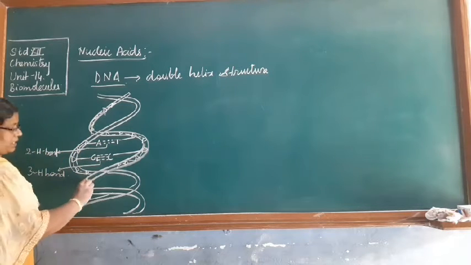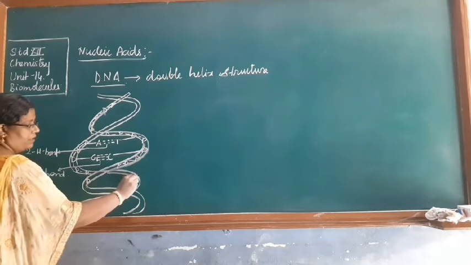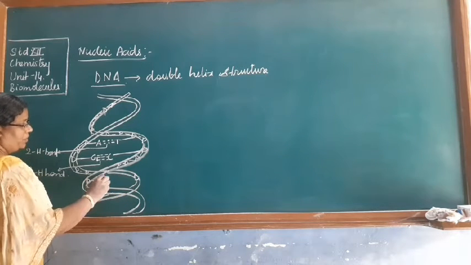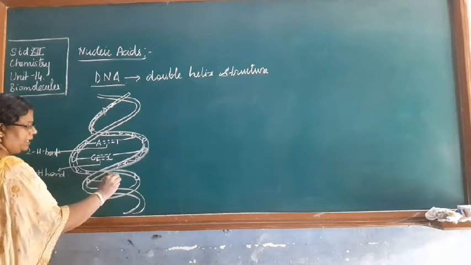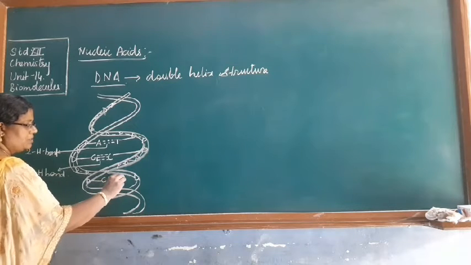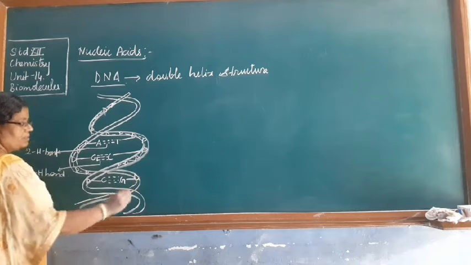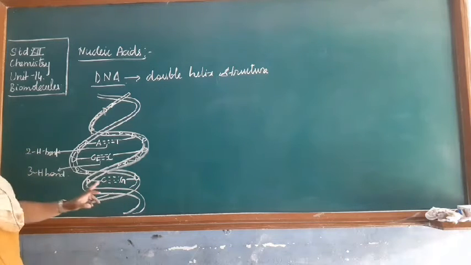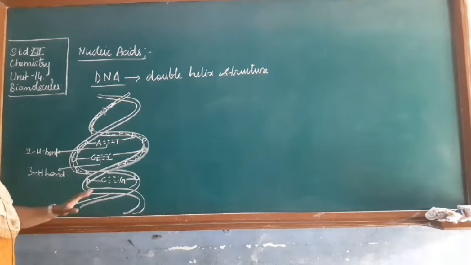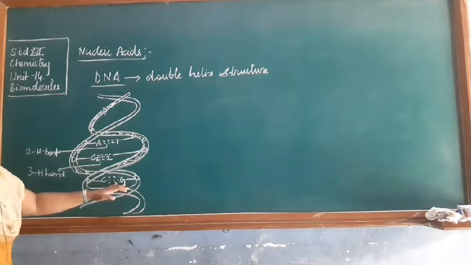Okay. Now suppose there is a sugar here D, and if it is bonded with C, then again the complementary base will be G. So it is always bonded in this way; if here there is C then here there will be G.